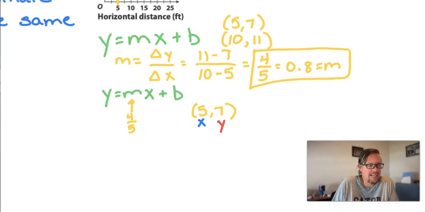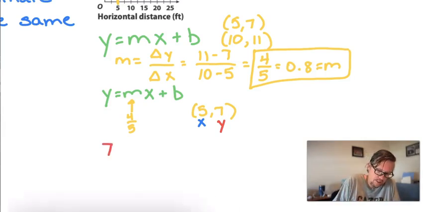Okay, so I'm going to do y equals mx plus b. The y is going to be substituted with a 7. My m is going to be substituted with 4/5. X will be substituted with 5. And then on the end, plus b.